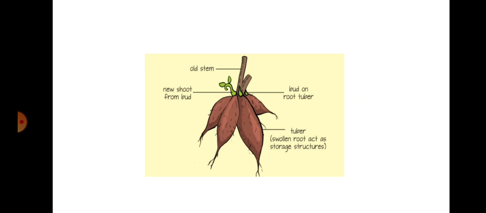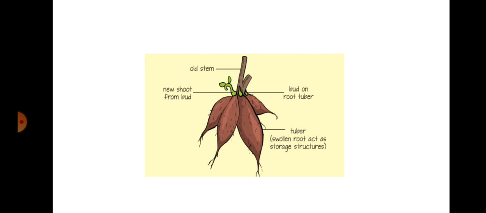To grow a new plant, these tuberous roots are sown in the soil. Buds present on them grow above the ground and a new plant is formed. Best examples, sweet potato and dahlia.